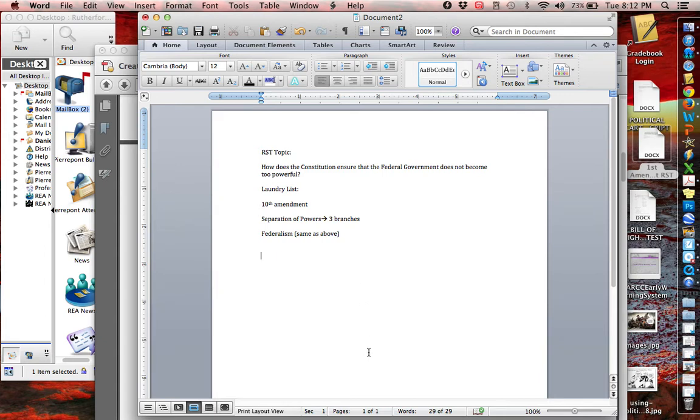So maybe we could do something like, the Constitution ensures that the powers of the government are split between three branches.